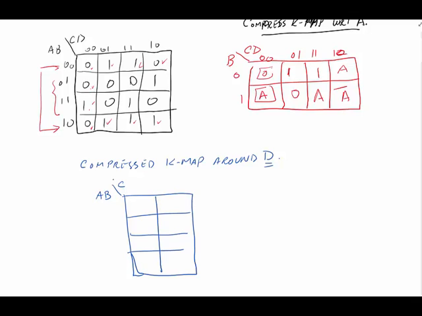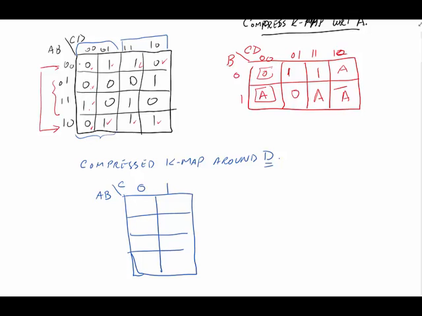So we're only going to have C. In this case, you can see that if you're going to compress around D, in the case of C equal to 0, you have to combine these two, and in the case of C equal to 1, you have to compress the other 2 columns. So let's first take these 2 together and come down here.